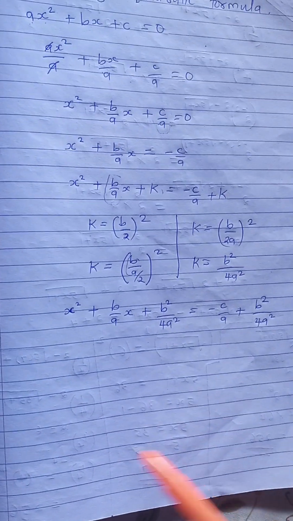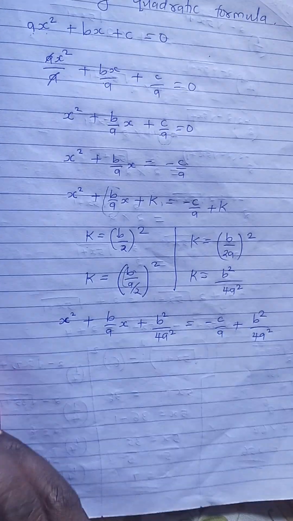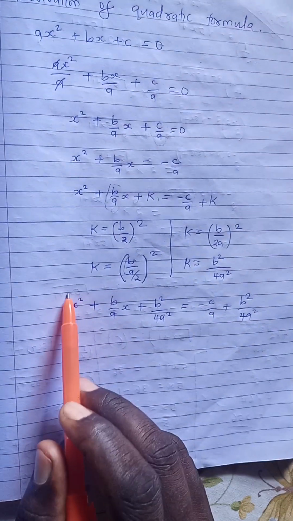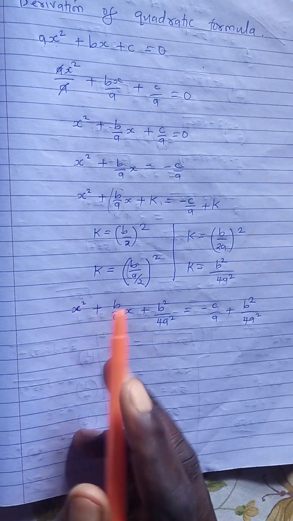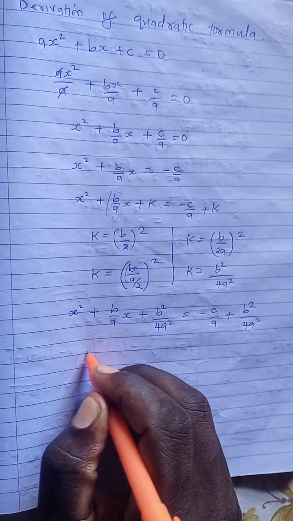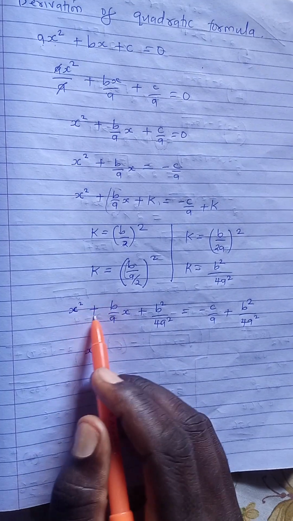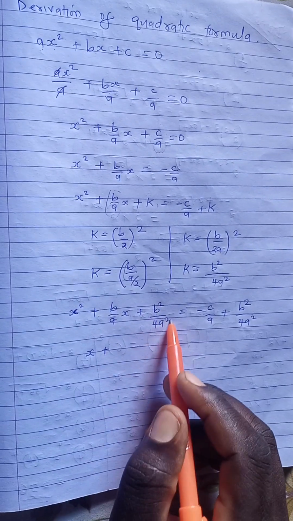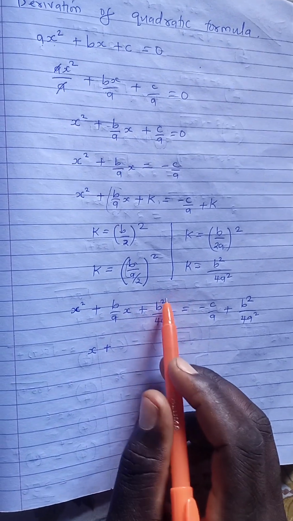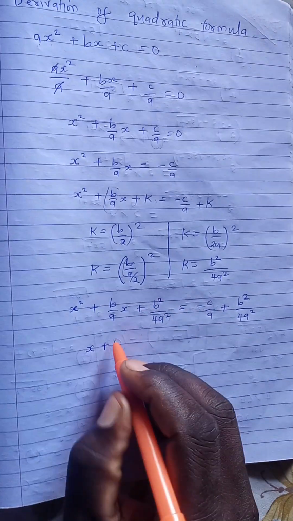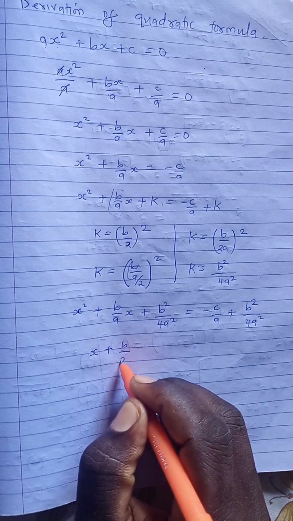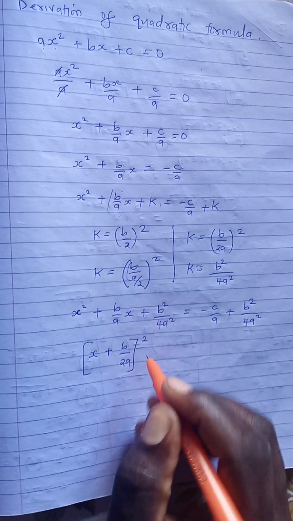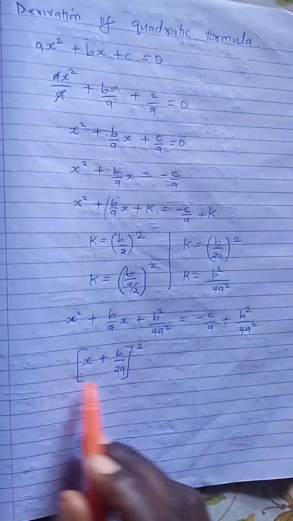Now, after this, according to the completing the square method, I will find the square root of this. The square root of x squared is x, then I take this sign, that is plus, then the square root of b squared over 4a squared, that is b over 2a. Then I close the bracket and I square the whole of it.